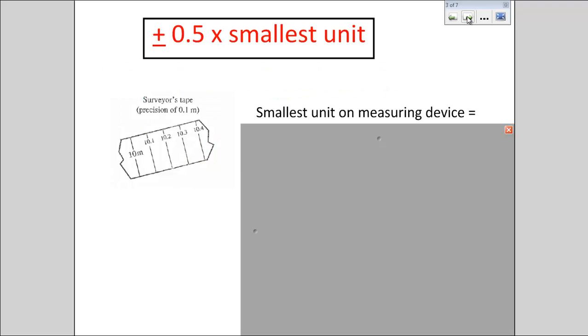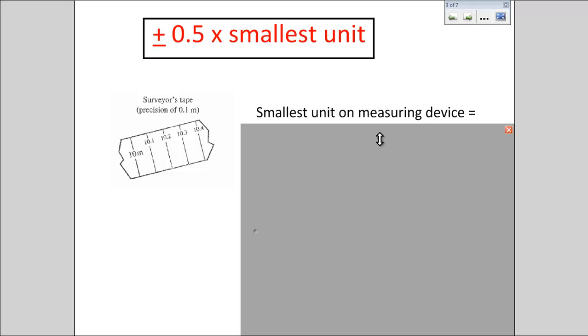So we'll look at 3 examples here. The first one, we've got some surveyor's tape. Now you can see the markings on this, so it's just been cut off either end. The markings, we've got 10 metres, 10.1, 10.2, etc. So you can see that our markings are 0.1 of a metre. Okay, and that's quite accurate for this device.